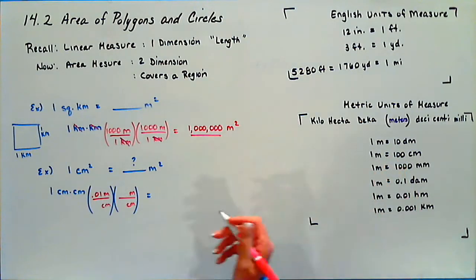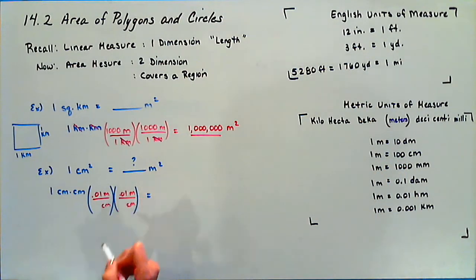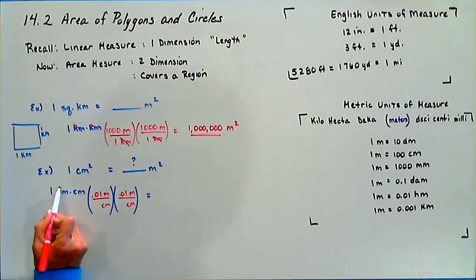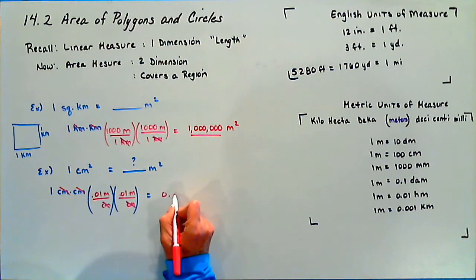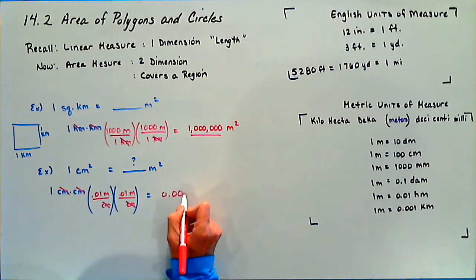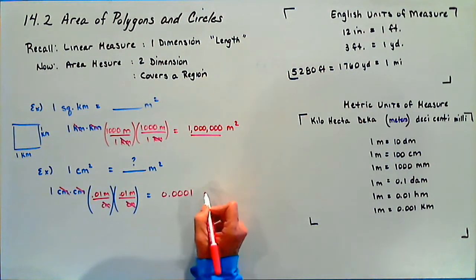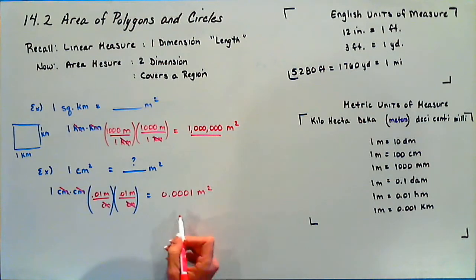Also makes sense here. Now I can reduce. So 1/100th times 1/100th is 1/10,000th. So 0.0001 meters squared.